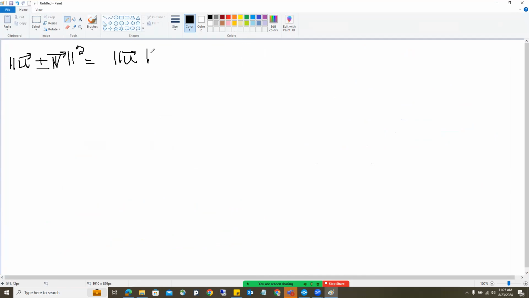modulus u squared plus modulus v squared plus or minus 2 u v cos theta.